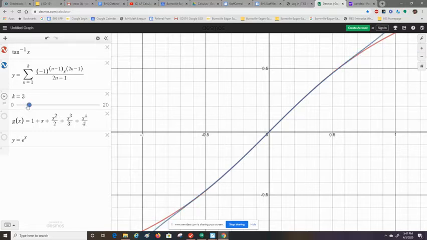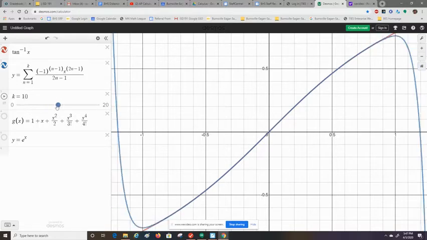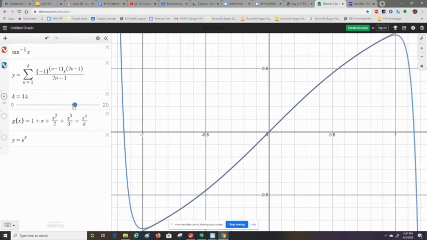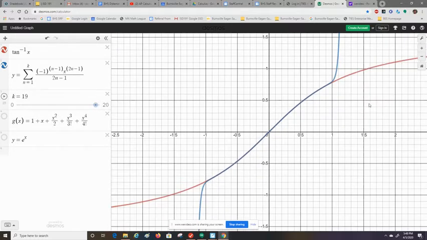And as I add higher and higher powers to this series, this is a third degree, fourth degree, fifth degree, sixth degree, we can see that the fit gets better and better. But in the case of this one, like we've seen with some of our other series, it looks like my interval of convergence is only between -1 and 1.